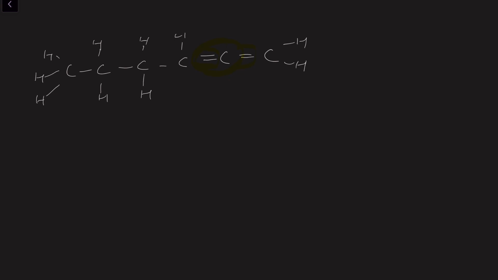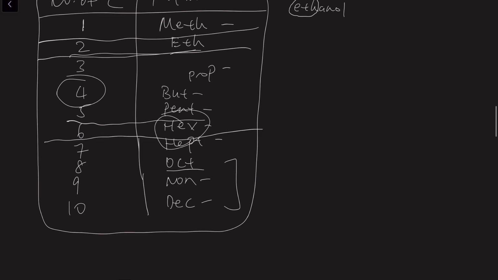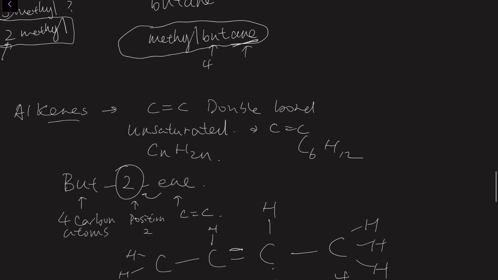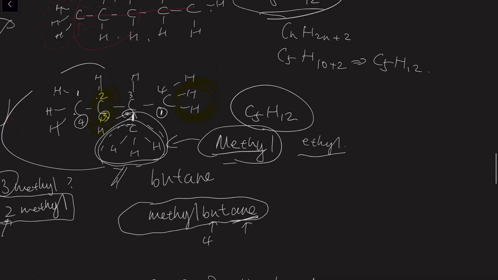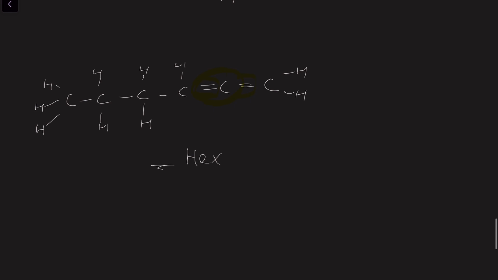So when you go back to the table, 6 is hex, so it should be something to do with hex. There is no branching out, so there's no things like this methyl group, so we shouldn't add anything in front of this hex. But the problem is we have 2 double bonds.